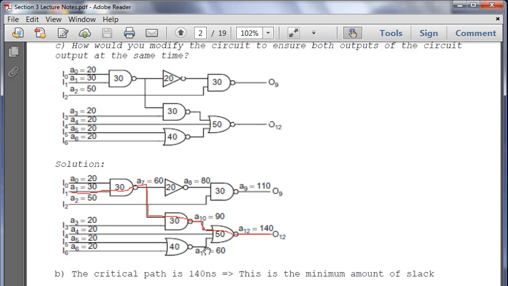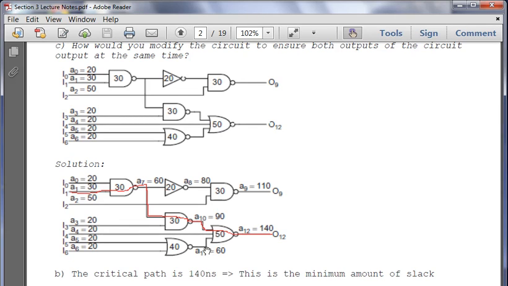The path that takes the whole 140 nanoseconds is this path here, because of the decisions made: this was the longest one over this one, this was the longest one over this input. If it wins every single time, that is going to be our critical path.